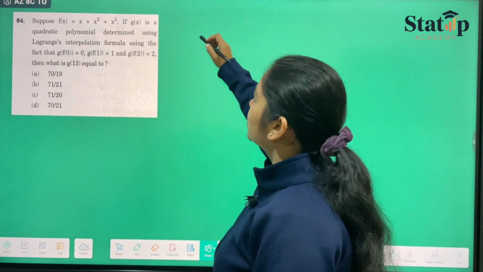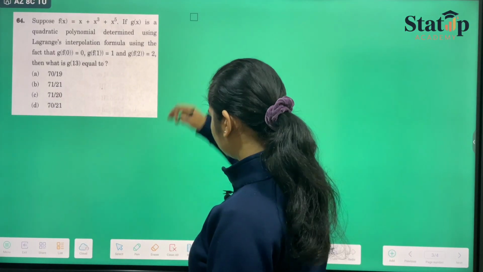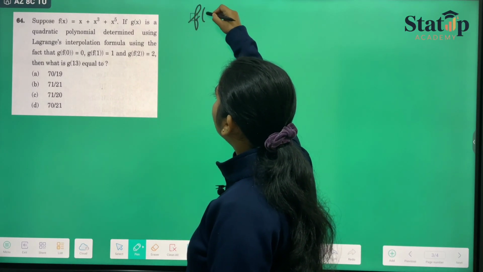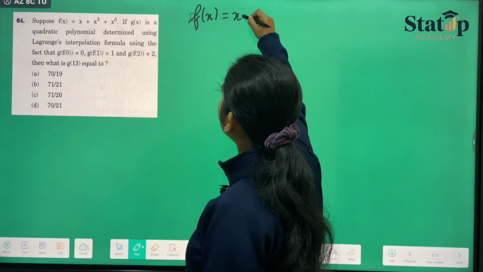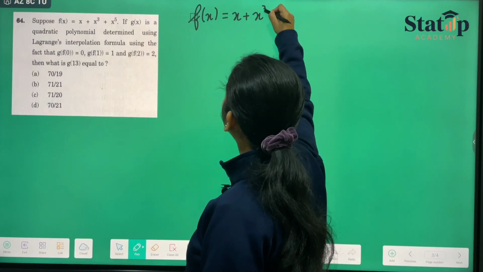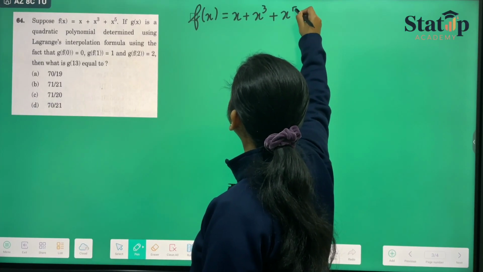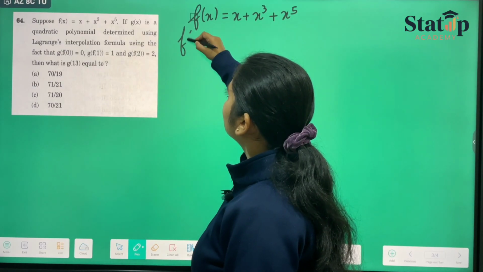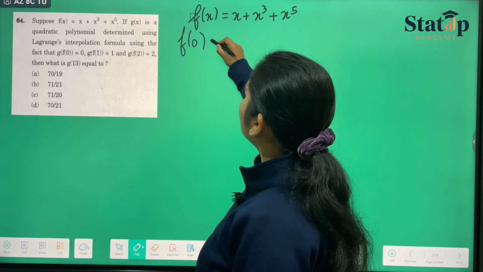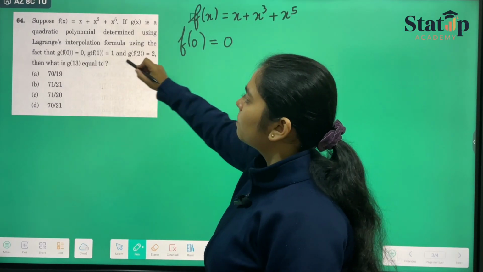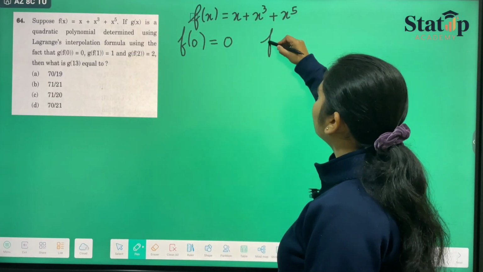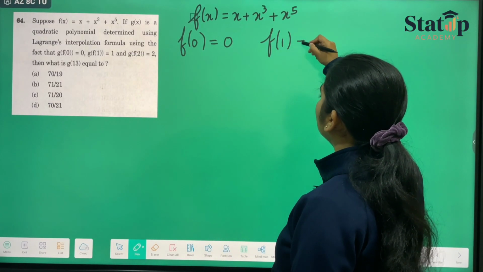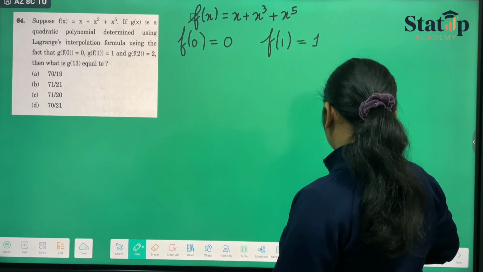So we know that f of x has been given to us as x plus x raised to the power 3 plus x raised to the power 5, and in g of f0, if we put 0 in place of x, we will get 0. For f1, if we put 1 in place of x, we'll get 1 plus 1 cube plus 1 raised to the power 5, which is 1, which is 3 only.